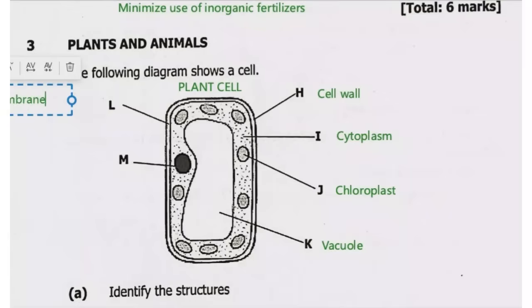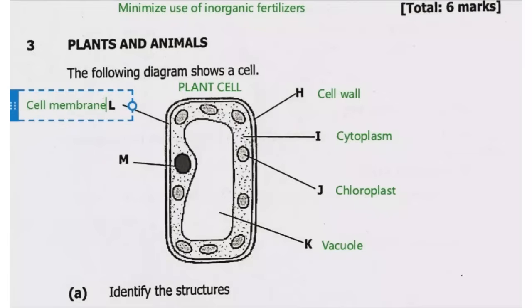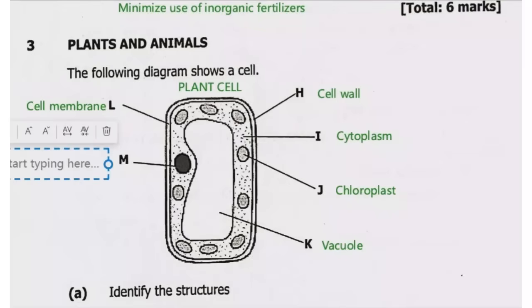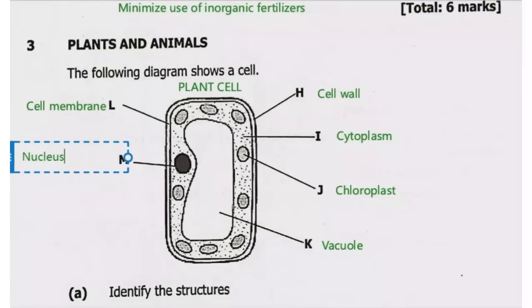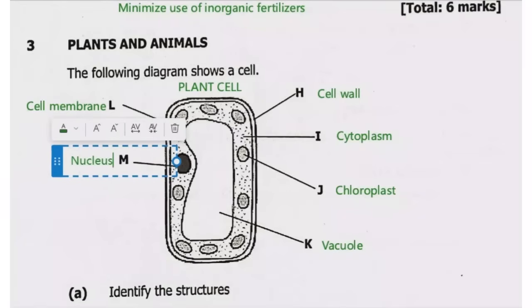Then what is M? M is nucleus. Those are the parts of a plant cell.